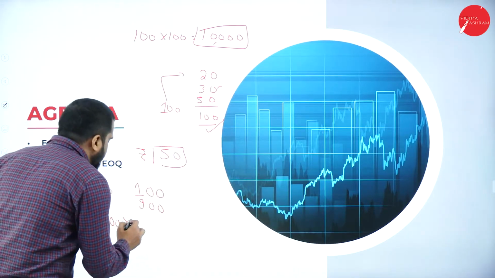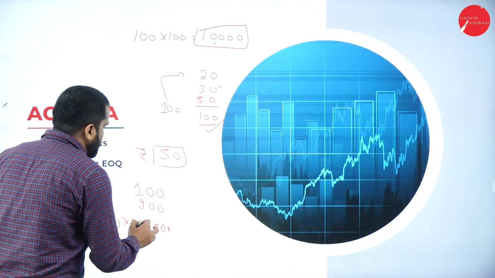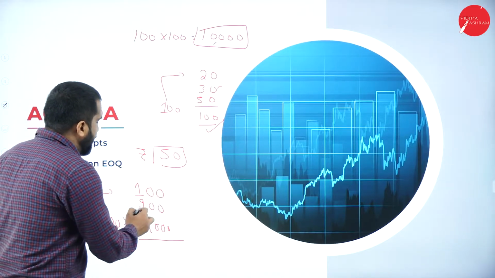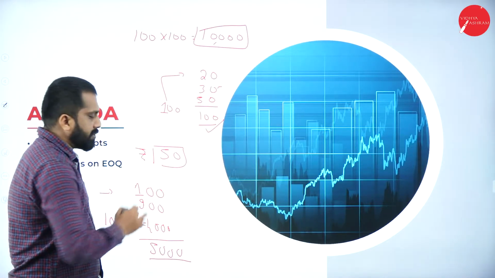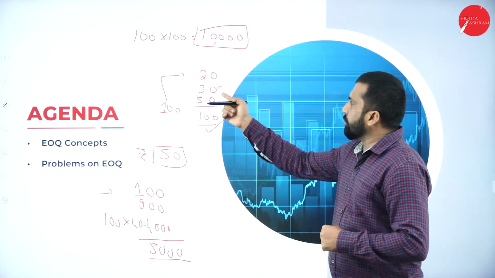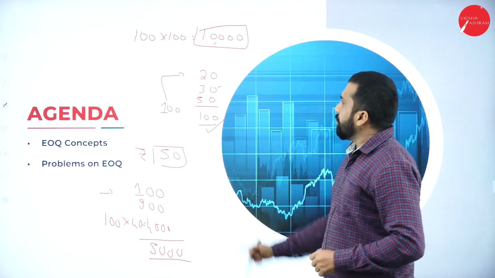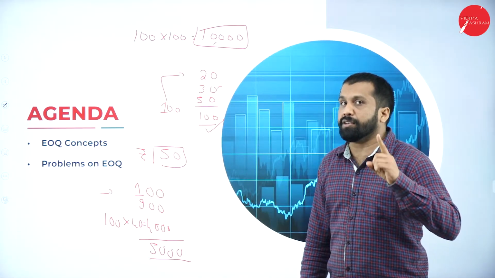100 into 40 is 4,000. What is the total cost? 4,000 plus 900 plus 100. Total cost is 5,000. See, I am telling you, luxury. You are having snacks of only 30, I had a 900 rupees meal. Your transportation is 20, but I went by BMW and spent 100 rupees.